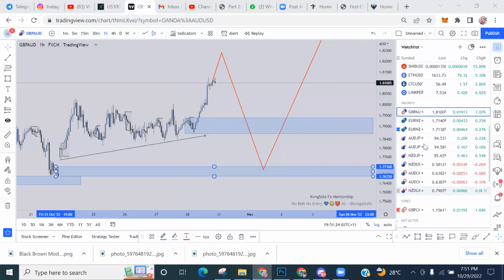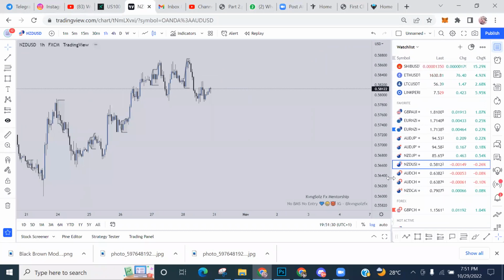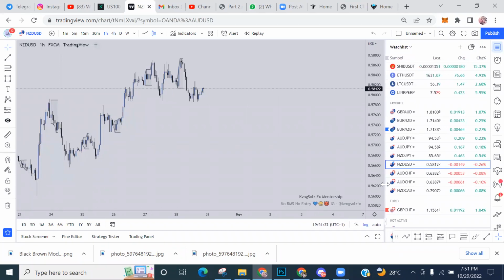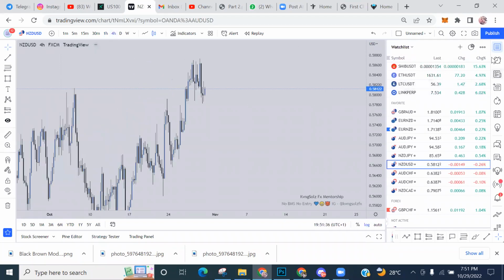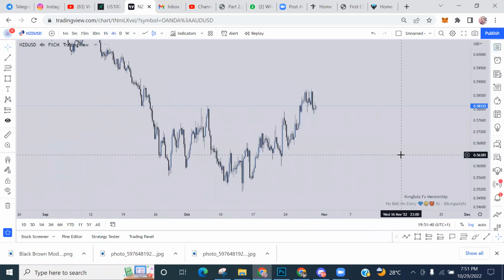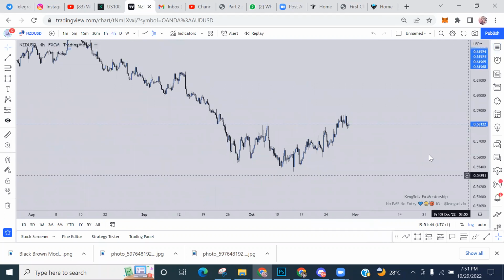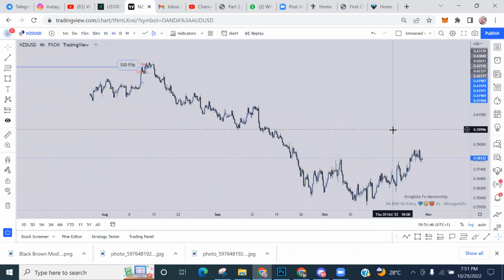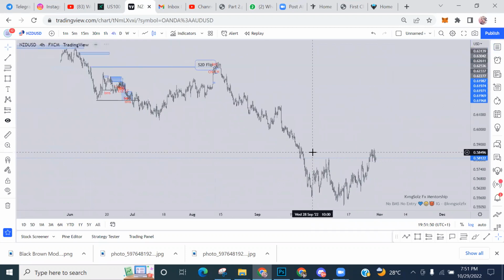First of all, I'll just do top-down analysis easily on it. Okay, first of all, go to your 4 hours time frame and know your buyers, right? Okay, market is bearish. Well, come on, it's not really showing good structure.